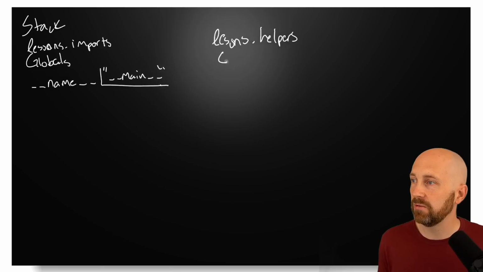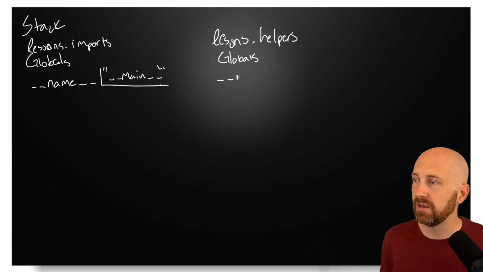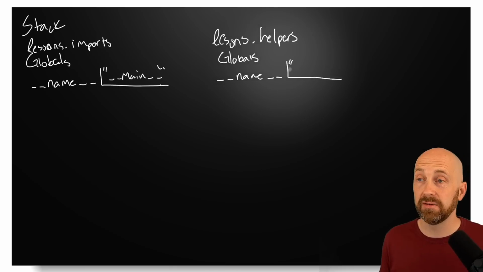It's also going to have its own globals. And what's interesting about when you import a package is this special __name__ variable will be a little bit different. So the __name__ variable in this case would actually be the name of the module being imported. So it would be lessons.helpers.